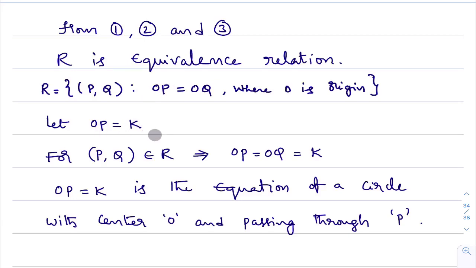If I take P comma Q in the relation, I know that OP equal to OQ.